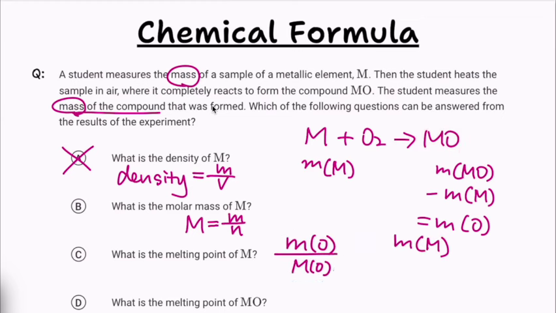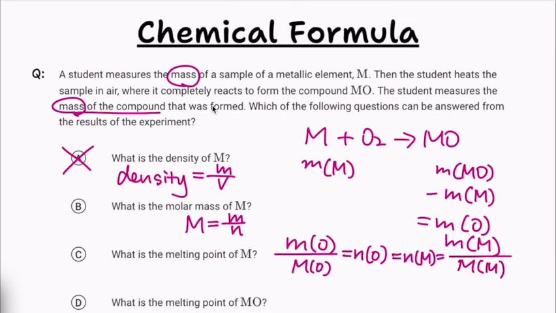The number of moles of the oxygen is the same as the number of moles of the metal M, which is mass divided by molar mass of M. So you will be able to use this information to figure out the number of moles of the metal M, and then because you're given the mass of M, you can figure out the molar mass of M. So B is the right answer.